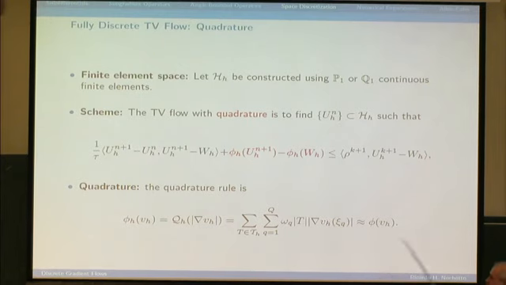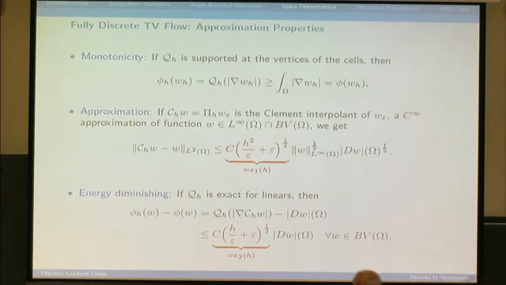With this, which is an approximation of the true potential, and the reason why I wanted to get away from the true potential and have something that is discrete, but not too far, then we have the properties that I mentioned before. We have the monotonicity, which is a consequence of convexity. We have approximability, that has to do with knowing, given a function in BV, how to approximate it. This is not a simple thing. You first smooth it out by convolution, and then you approximate the convolution.